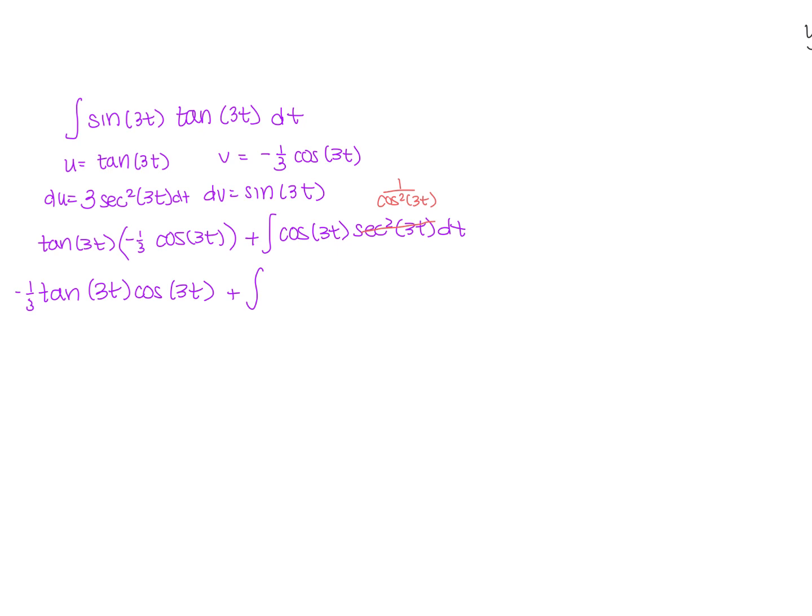This now becomes the integral of 1 over the cosine of 3t dt. Now, it might actually benefit you to think about this in terms of the secant. We actually had a rule for the integral of the secant.